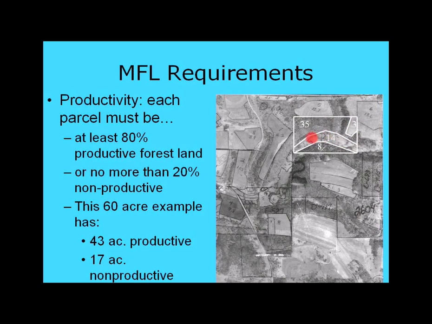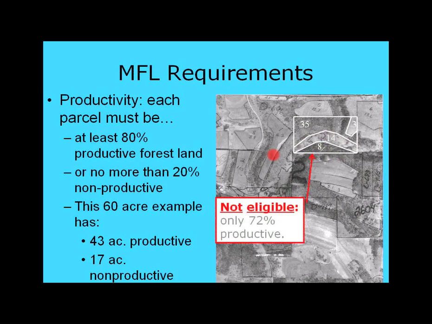There's a creek running through here, and this 14-acre block is open swamp. And then there's an 8-acre block of forested land here. So this parcel is not eligible to be entered in the program because of that entire piece of land at 60 acres, only 43 acres is productive forest land.